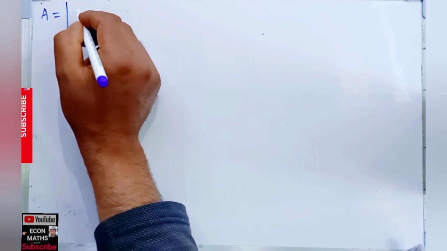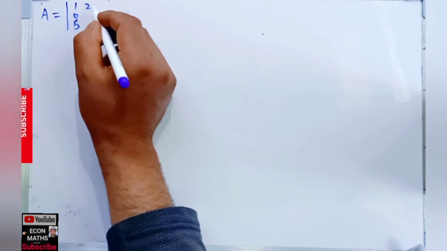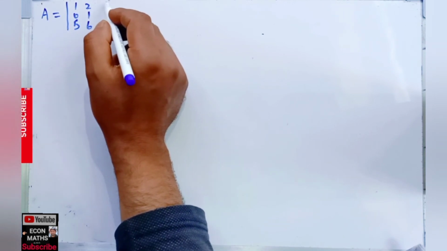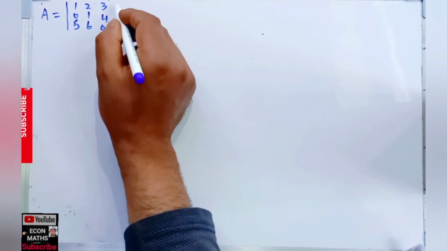Now if I have a matrix, let us say A is equal to 1 0 5, 2 1 6, 3, let us say it is 4 and 0.